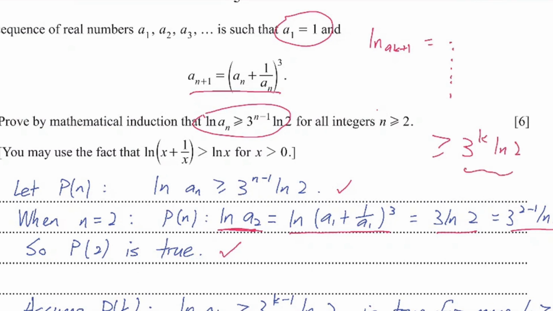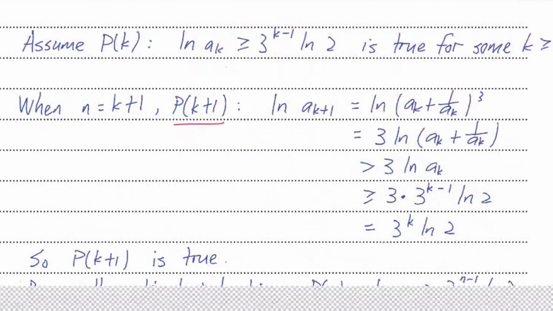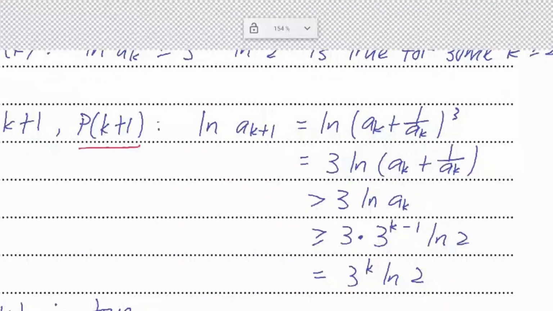In the middle, how do we prove it? We use the relationship that is given to us to prove that. So we substitute that in.